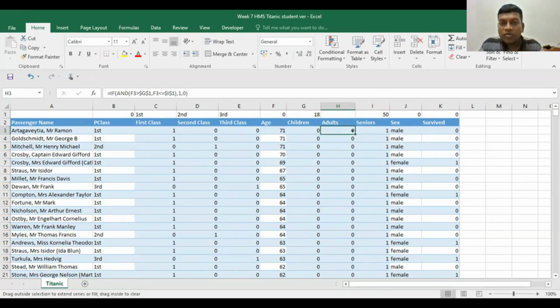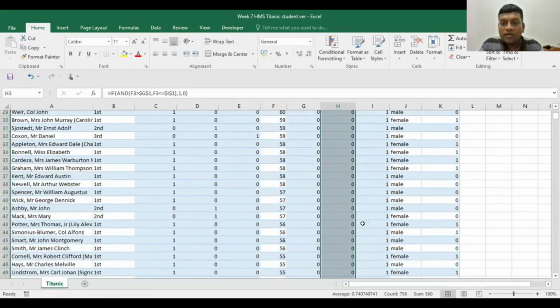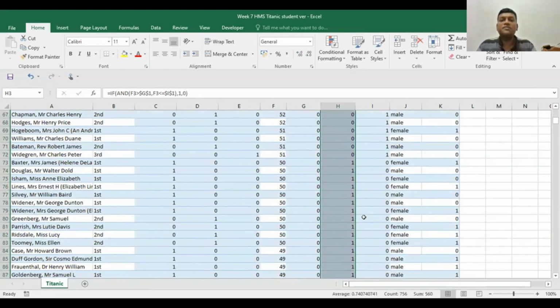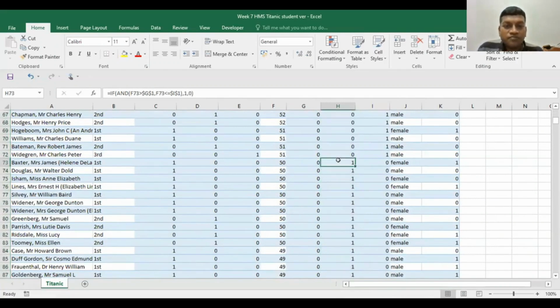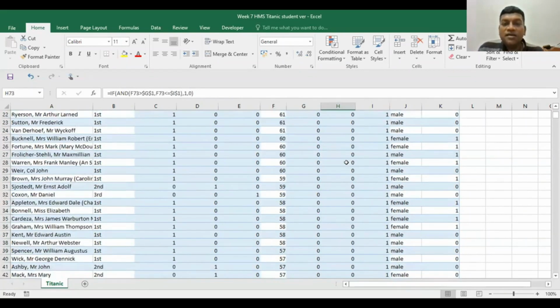And I need this formula copied down, double click. Yes, now it's working. Okay, I must have made some syntax errors earlier. Now here, the moment it is above 50, you are a senior. Up to 50, you are classified as an adult.